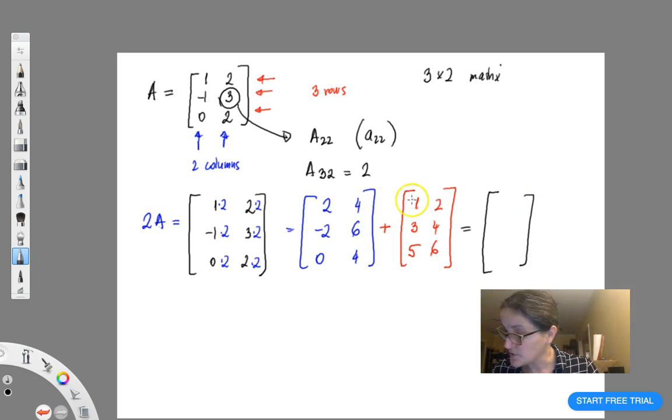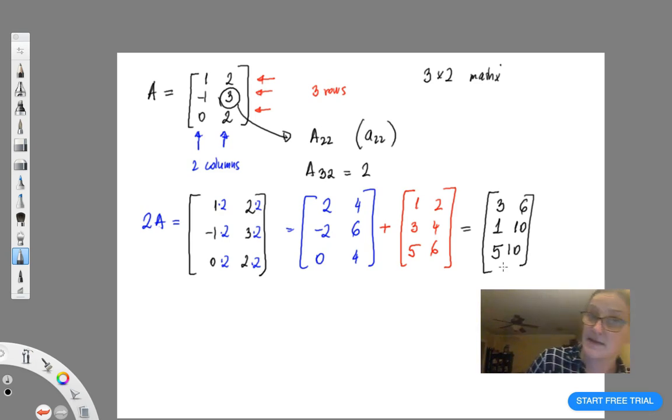So 2 plus 1 is 3. 4 plus 2 is 6. Minus 2 plus 3 is 1. 6 and 4 is 10. 0 and 5 is 5. And finally 4 and 6 is 10. Okay? So linear combinations are sort of natural, again, as long as the matrices in question have the same dimensions. Same number of rows, same number of columns.